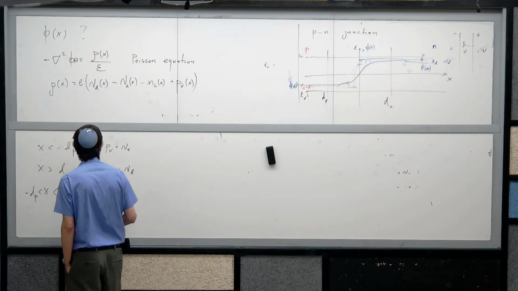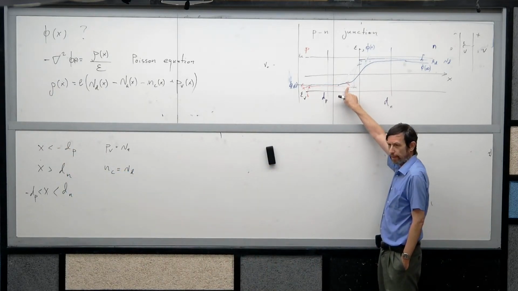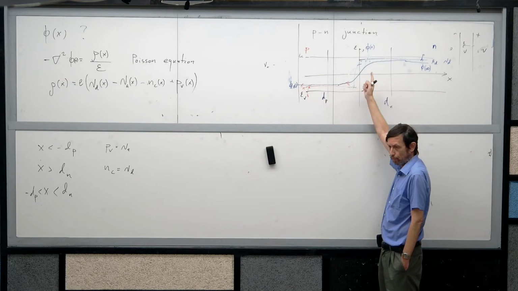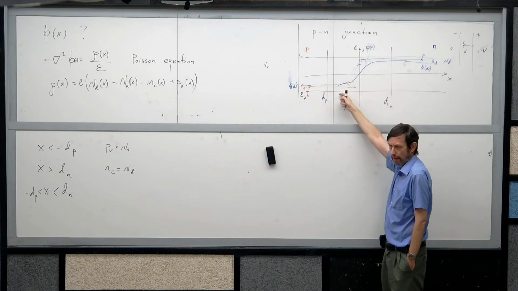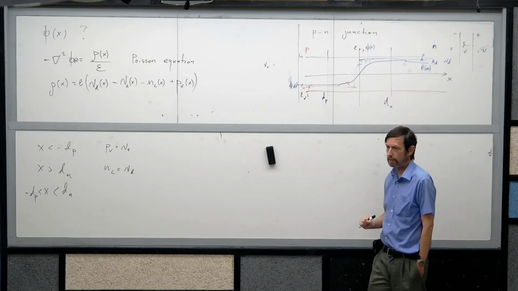And as you see from the picture here, I assume that almost all the additional charge comes into the acceptors or is left out of the donors, and I ignore what happens in the valence band and in the conduction band.